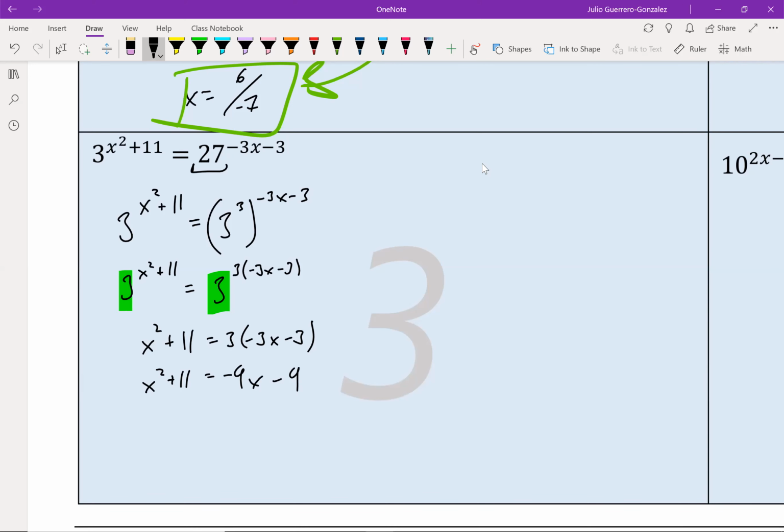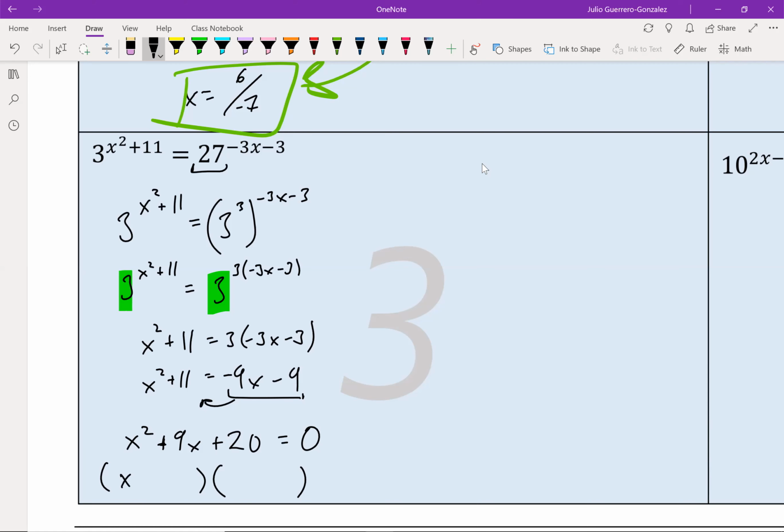So then now what I'm going to do is grab all of this over here and move it to that other side. So I'm going to have now x squared plus 9x plus 20 is equal to 0. So now, what are my two values? 5 and 4.